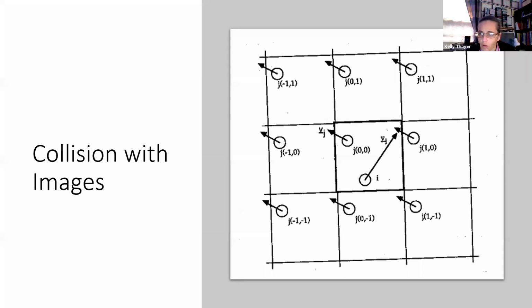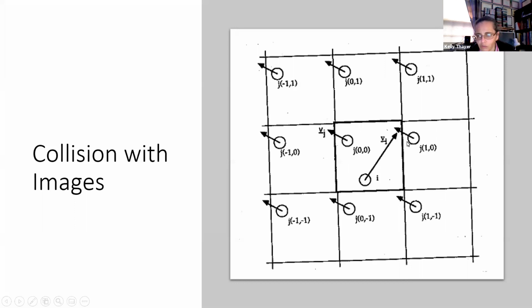However, we need to also remember that there could be collisions with the images, right? Remember we talked about the periodic boundary conditions. If the particles could potentially interact with their images, then we need to also compute that. For example, in this case illustrated in this unit cell, notice that the next collision will not be with the particle that is in its own box.